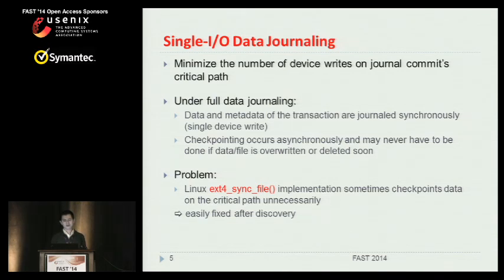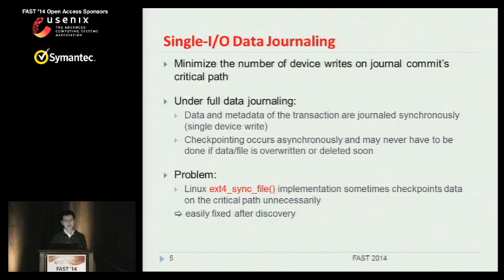This, in theory, can be easily accomplished by leveraging full data journaling, in which the data and the metadata of a transaction are journaled synchronously, and this is done in a continuous write, so it can be done with a single device write. Data and metadata will still need to be checkpointed to the file system locations, but checkpointing can occur asynchronously at a later time. And in fact, they may never have to be done if the data or file in question is overwritten or deleted soon.